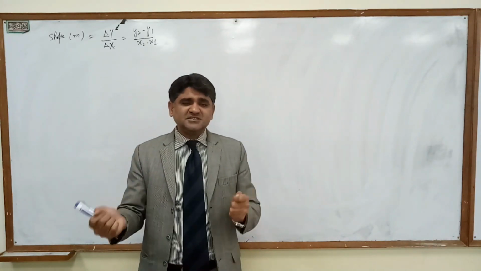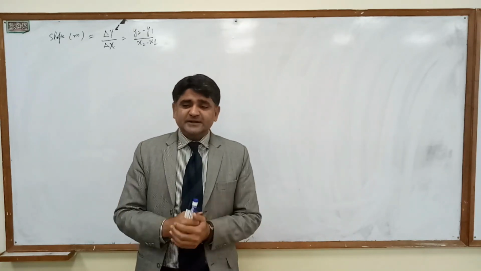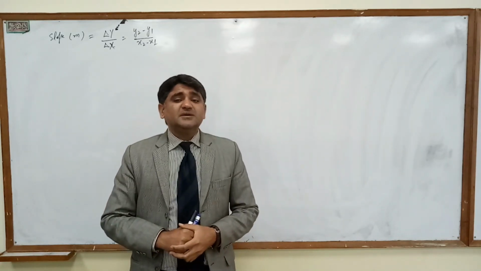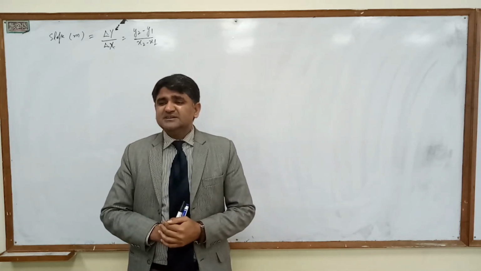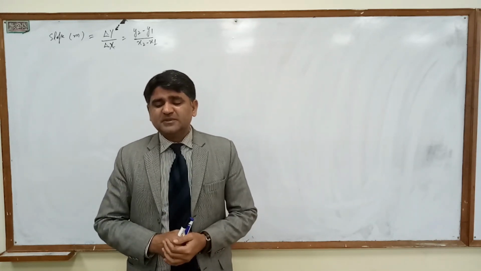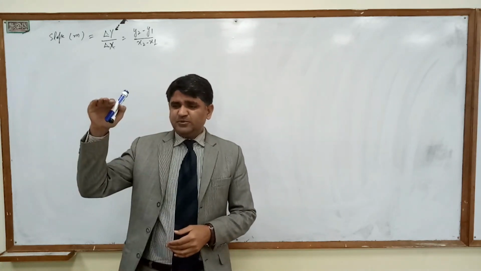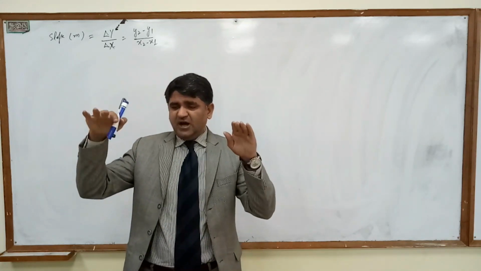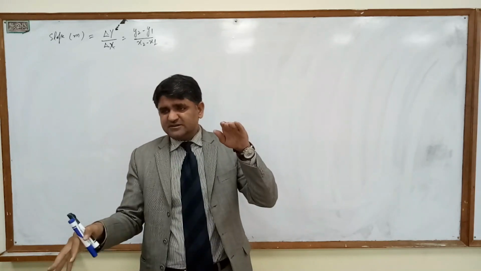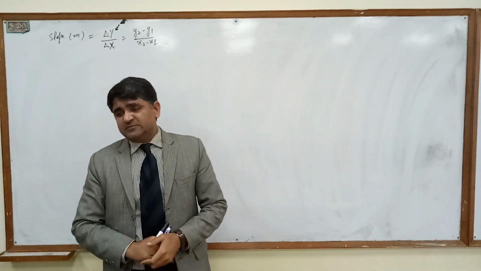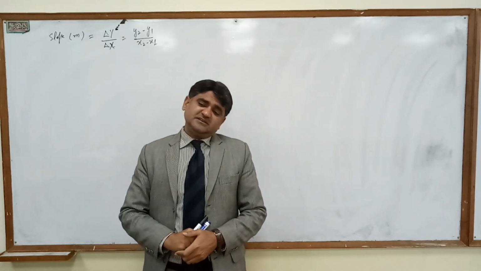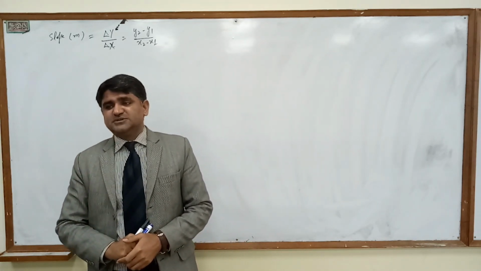In the third coordinate, x is negative, y is also negative. If signs are the same, there is a direct relationship. It means due to an increase in input, output is increased, or due to a decrease in input, output is decreased. There is a direct relation, or slope is positive.